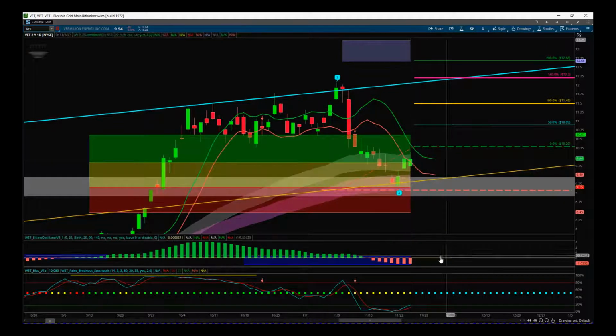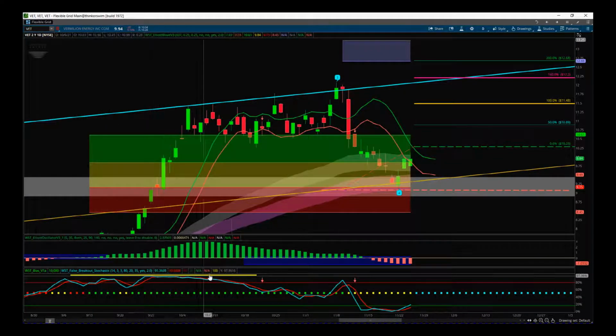Really good sign. Also, looking at the behavior of this wave 4, we've got our Elliott wave oscillator here. We can see we came down, we pulled back on this wave 4, and we've crowned just within 90 to 140%, which is fantastic. We then look at our false breakout stochastic. These yellow dots in the top half are a strong bullish trend.